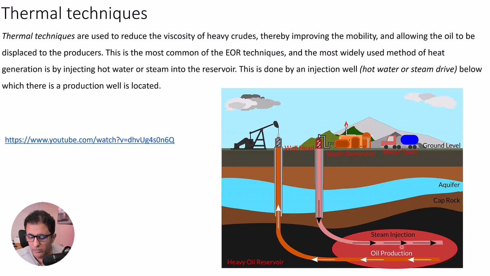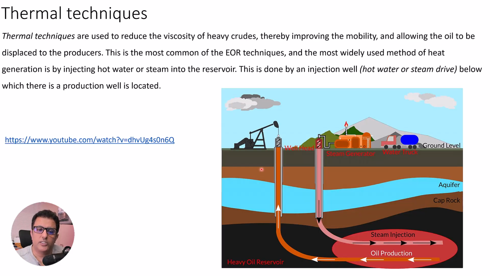So once the oil becomes more mobile, because it has high density as well, it starts flowing to the production well with the help of gravity. Indeed, gravity causes the heavy oil to move downward toward the production well, from which the oil is extracted out of the reservoir.